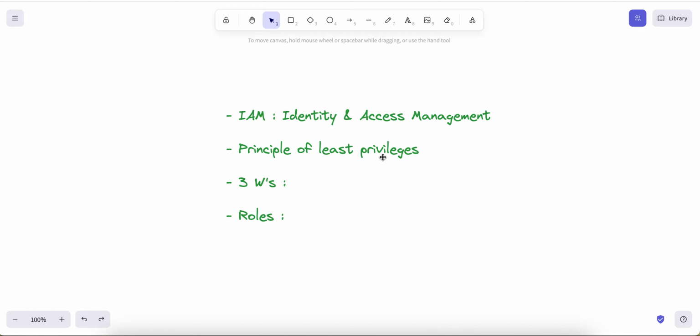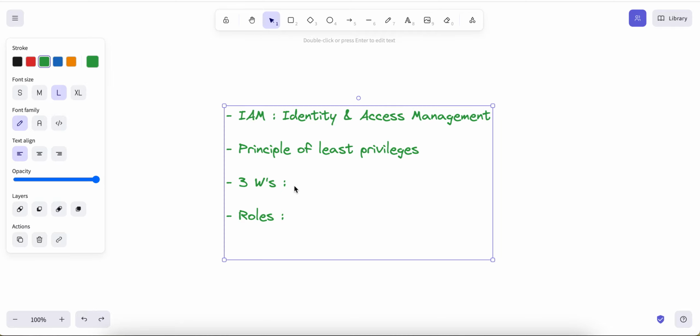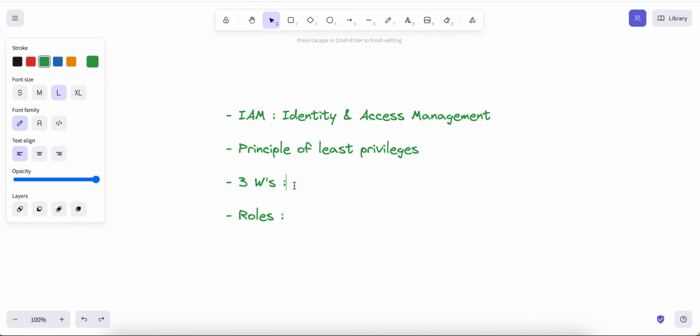So long story short, identity and access management, as its name suggests, this is what it does. If you want to remember what IAM services are, then you should remember these three W's. The first W is who, then second is what, and third is which, right?